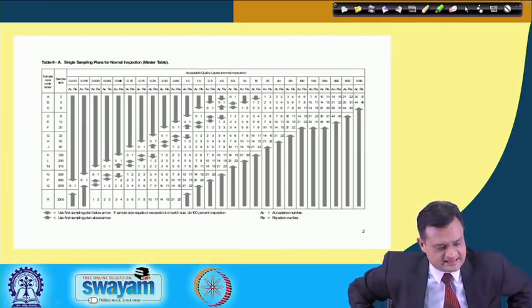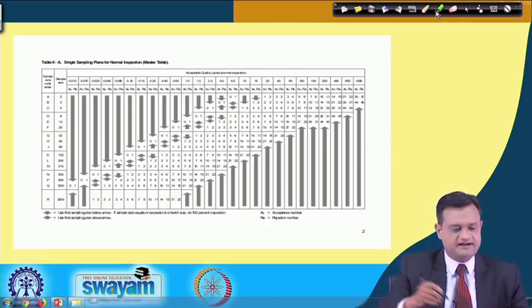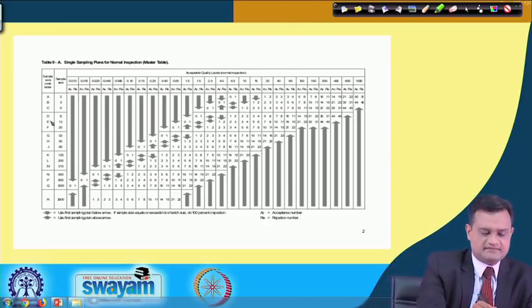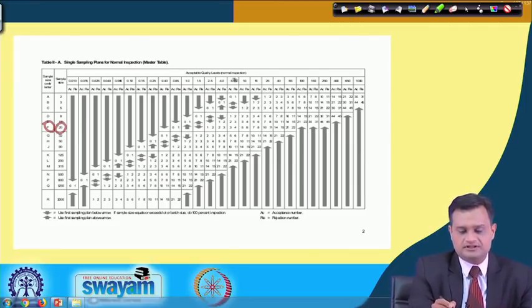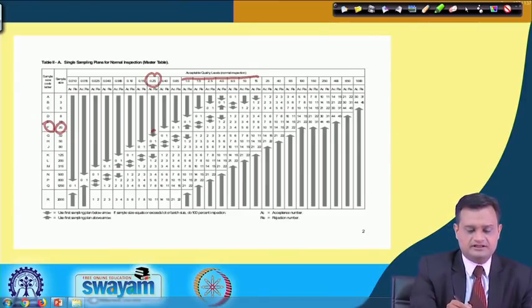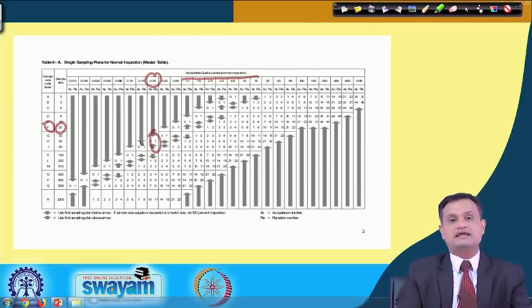If we just see the example, once I have identified the letter code, let us say my letter code is F, then I will get the sample size, and let us say I have this acceptable quality level AQL 0.25, then this particular entry becomes my acceptance number and rejection number.